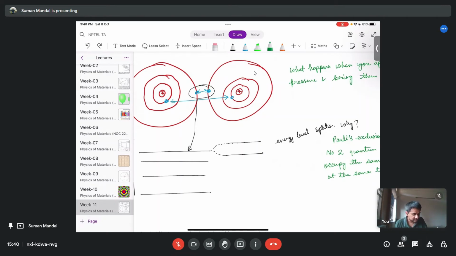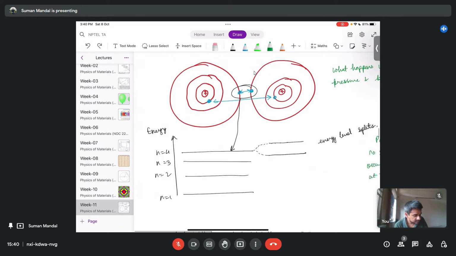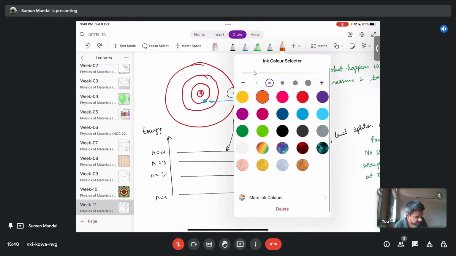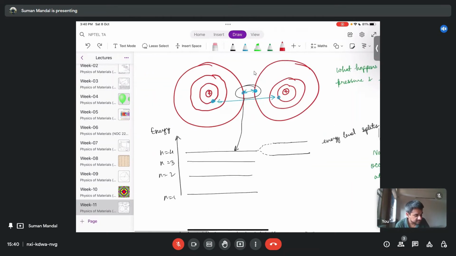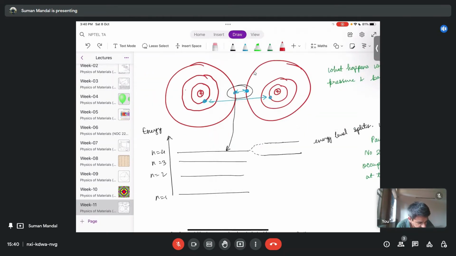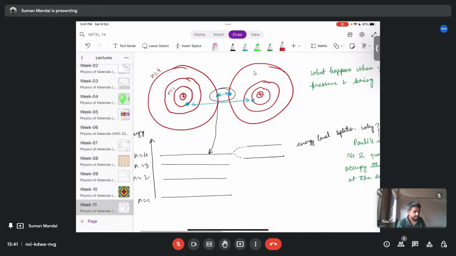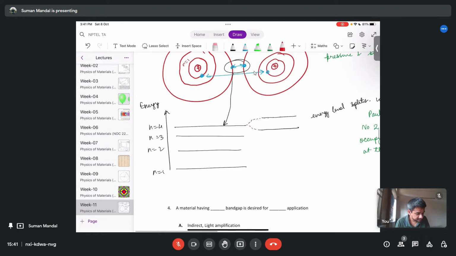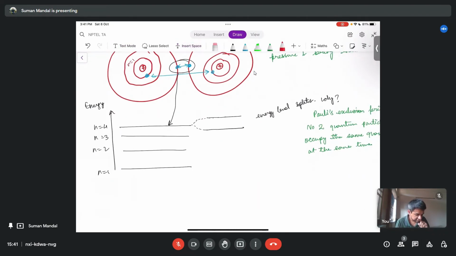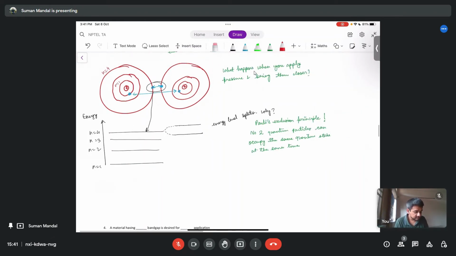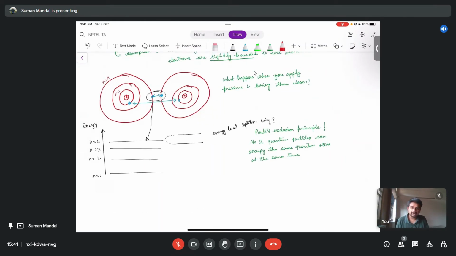Now what happens? This is n equal to 2. There is a slight mistake in this diagram; there have to be further energy levels. Anyway, for representation purposes, let this be n equal to 1, n equal to 4. Now the inner electrons are farther from each other.